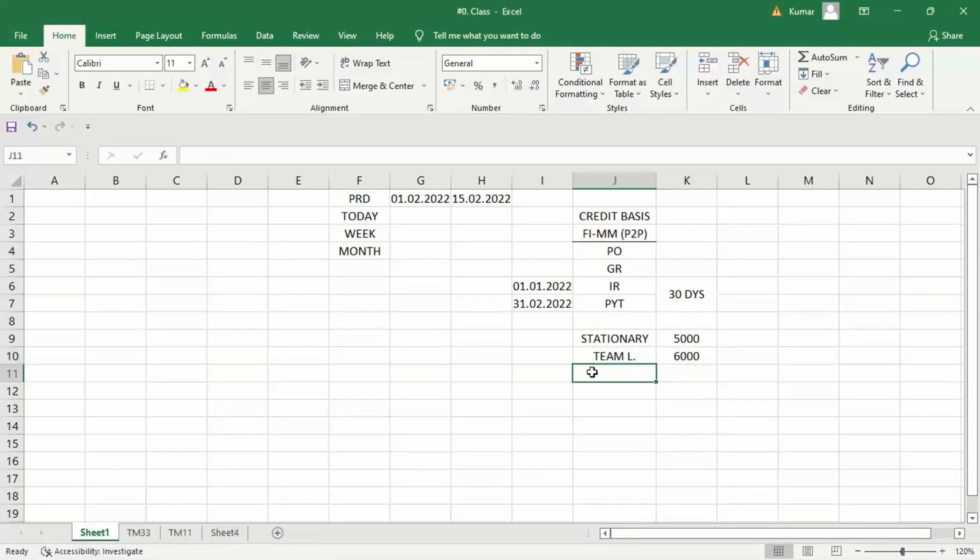Likewise, because it's an organization, a certain guest has visited their office, and for them they are going to order meals from local restaurants. Maybe there is a bill of 1,500.